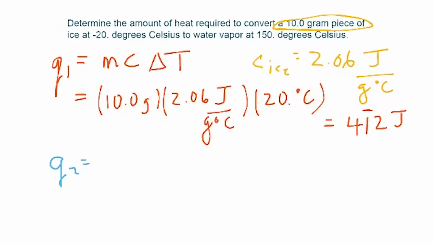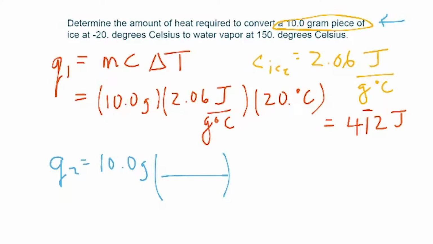So we're going to start with the amount that's given. Again, the amount that's given is the 10 grams of ice. And we need our heat of fusion in order to convert. Again, this is a number that we're going to have to look up.